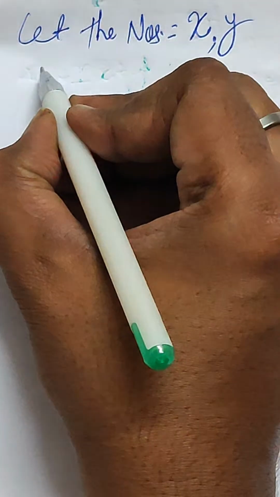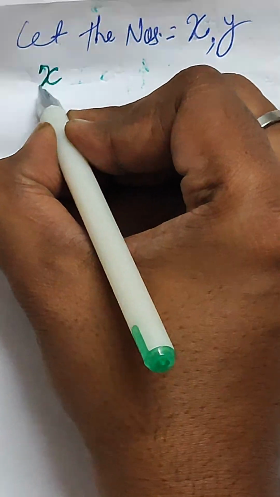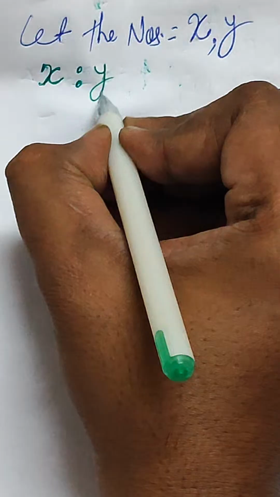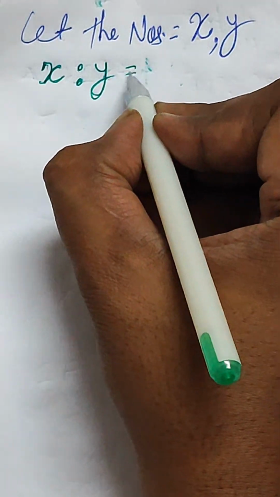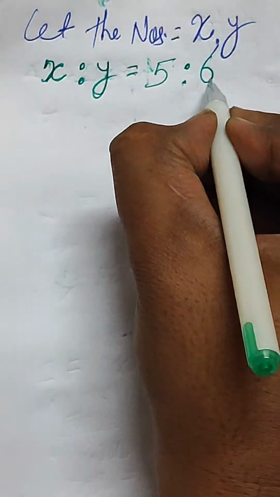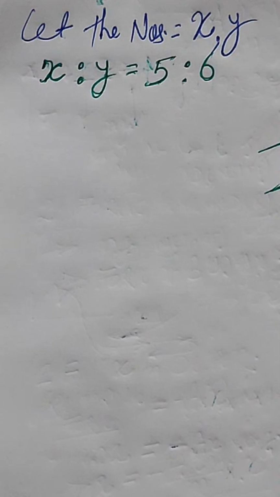If the numbers are x and y, then it's given that the two numbers are in the ratio of 5:6. That means if the numbers we have considered are x and y, then their ratio is 5:6.